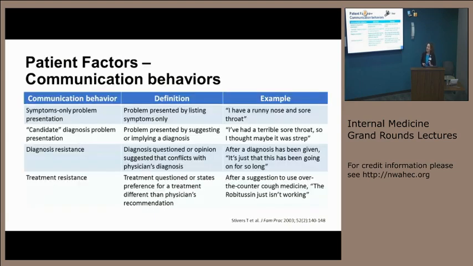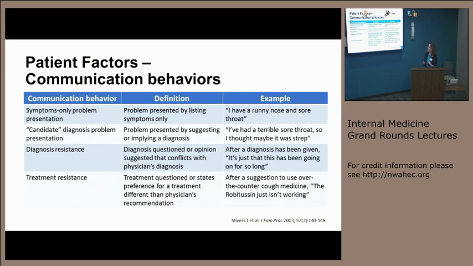Interestingly, patients oftentimes don't overtly ask for antibiotics, and so we as clinicians make inferences about what they really want based on communication behaviors. I just want you to think to yourself as we go through a couple of examples. Imagine that you had a 40-year-old female coming to see you in clinic with some upper respiratory symptoms.